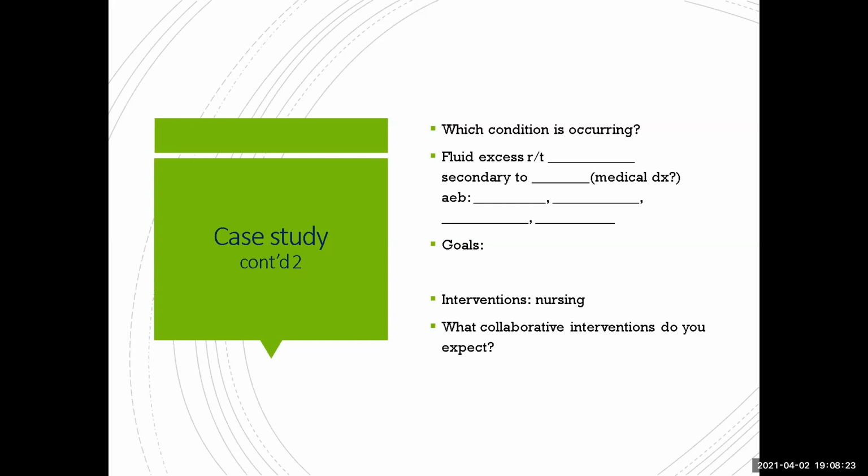A decrease in albumin. So what do you guys think? Hypoproteinemia. That's part of it. So it would be like fluid excess related to hypoproteinemia, secondary to, what was it? Dang it, I forgot the word for it now.